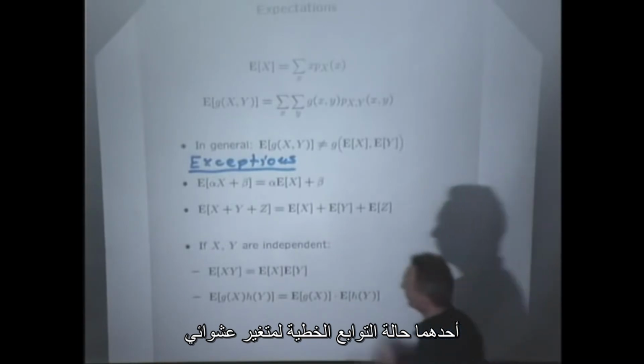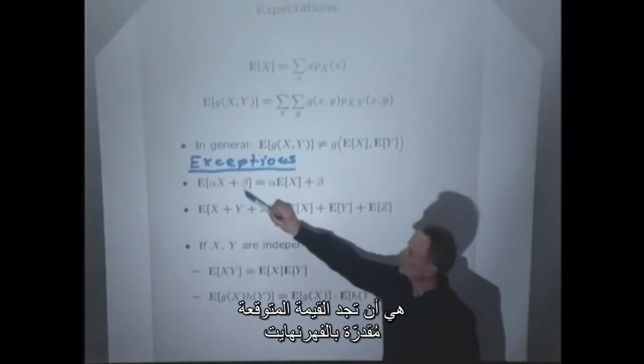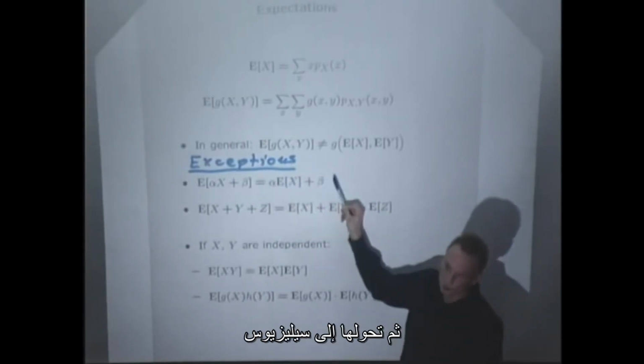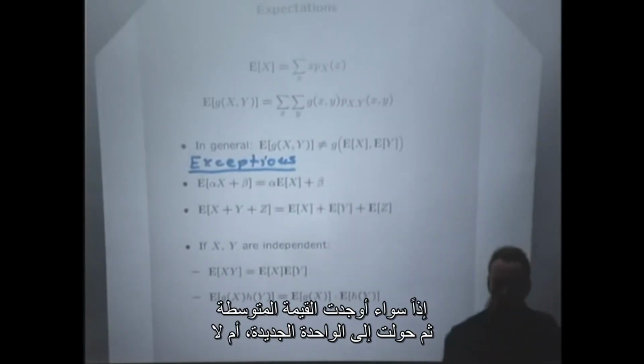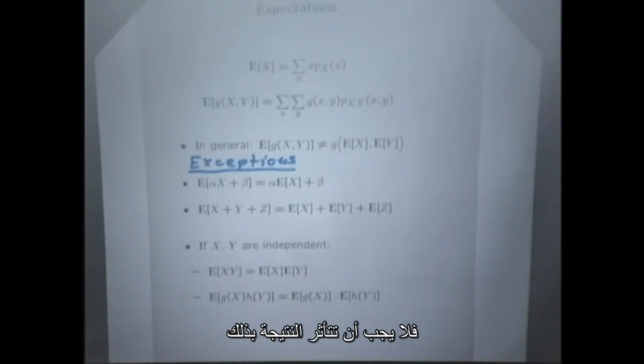And the important exceptions are mainly two. One is the case of linear functions of a random variable. We discussed this last time. So expected value of temperature in Celsius is you first find the expected value of temperature in Fahrenheit, and then you do the conversion to Celsius. So whether you first average and then do the conversion to the new units or not, it shouldn't matter when you get the result.